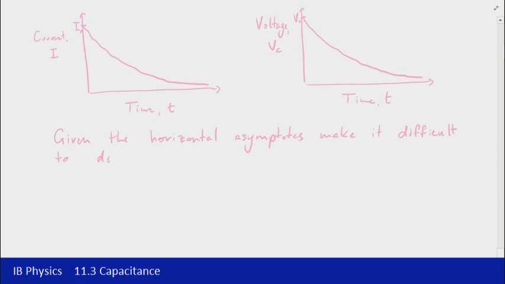We're going to use a different quantity instead. Because those asymptotes make it difficult to identify when the capacitor is fully discharged, we're going to use the time constant instead.